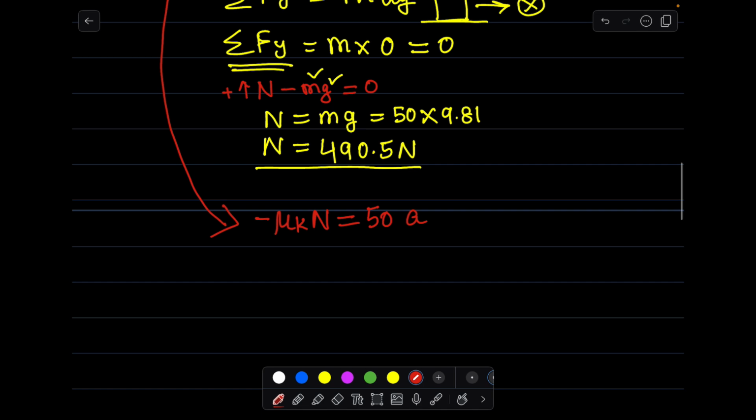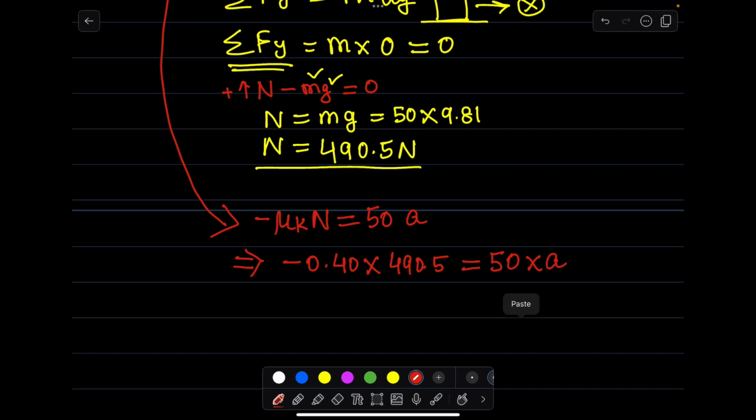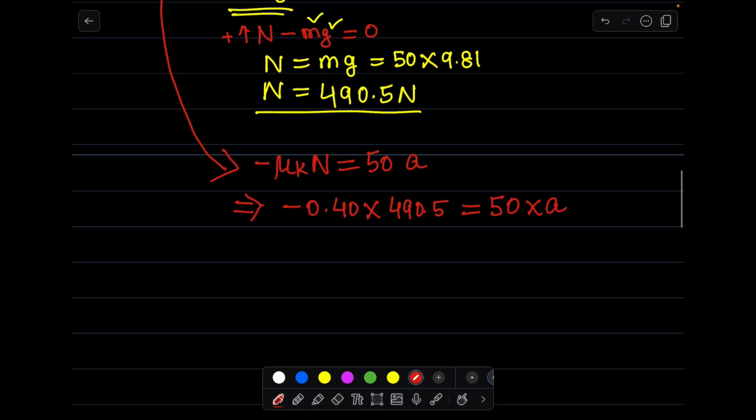Okay, so I will put the values for the mu k, it is minus 0.4, multiplied by n, 490.5 Newton, is equal to 50 multiplied by a. So in this case, guys, we can easily calculate the acceleration a, that will be minus 3.92 meter per second square.